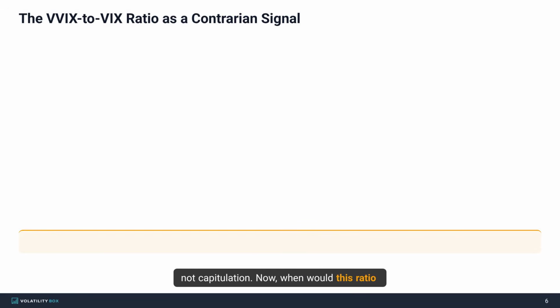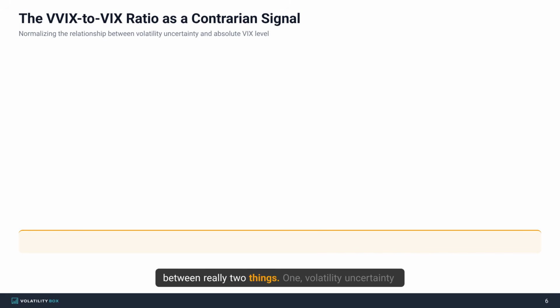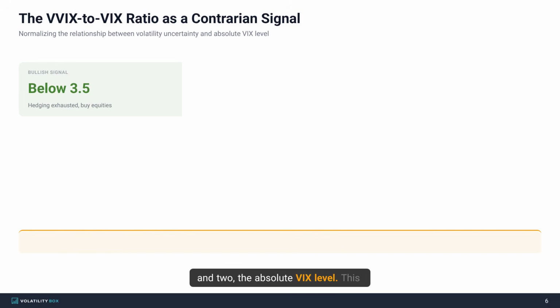Now, when would this ratio be used as a contrarian signal? Well, this ratio starts to normalize the relationship between really two things. One, volatility uncertainty, and two, the absolute VIX level. This is where you start to get some of the actionable signals.